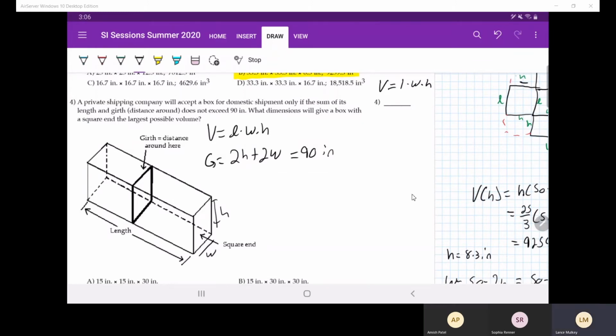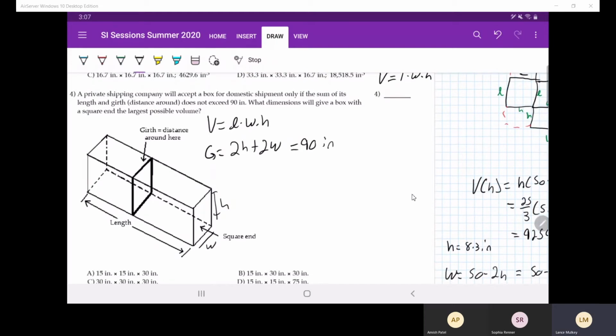The girth does not have anything to do with the length, you see? It's just the width on the top and the bottom and the height on the other two. I wouldn't think the length has anything to do with the girth. Yeah, the girth is a perimeter, so it goes around here.